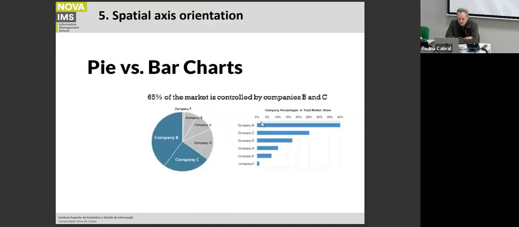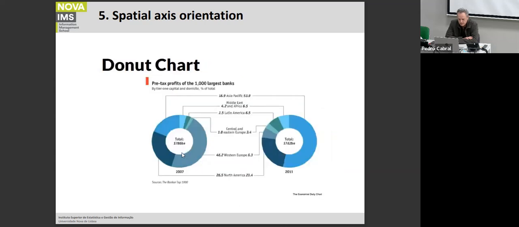Okay. So pie charts versus bar charts. We always prefer bar charts. We are better with lengths than with angles. Okay, there's no question about it. We can also use some donut charts, which are represented here. This is a variation of pie charts.